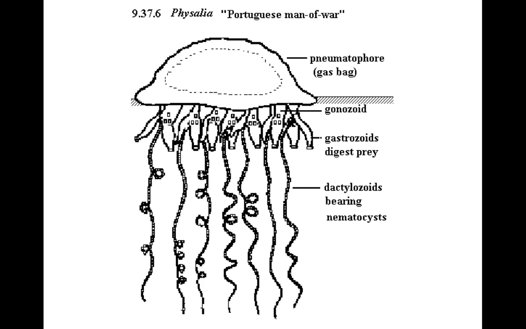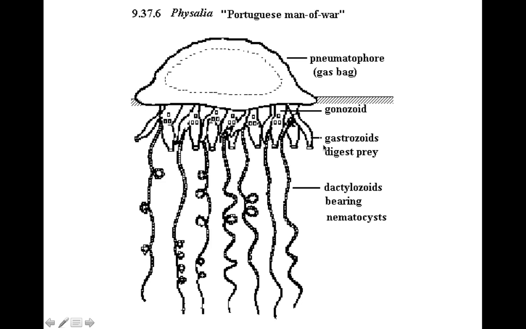So Physalia physalis, which is the Portuguese man of war, is actually produced from several different types of polyps. So it is not actually a jellyfish, it's a colonial organism. So a Portuguese man of war has a nematophore or a gas bag filled with air, which helps it to float. And then you've got some polyps that are reproductive polyps called gonozoids.